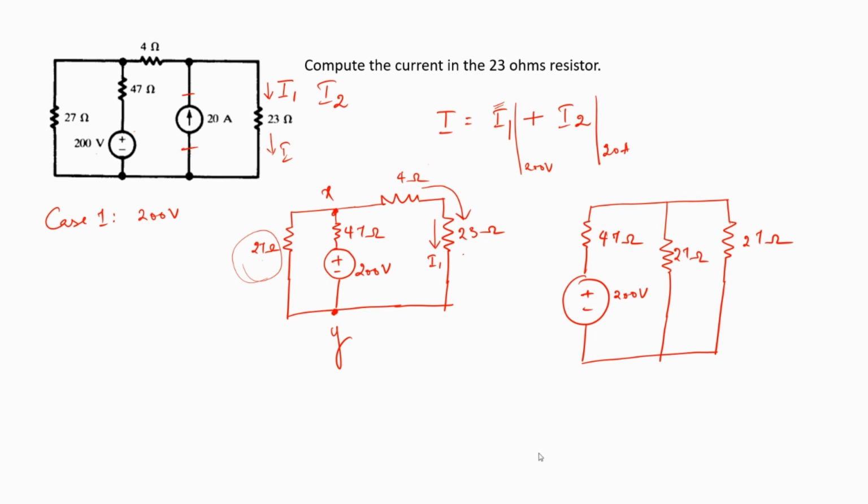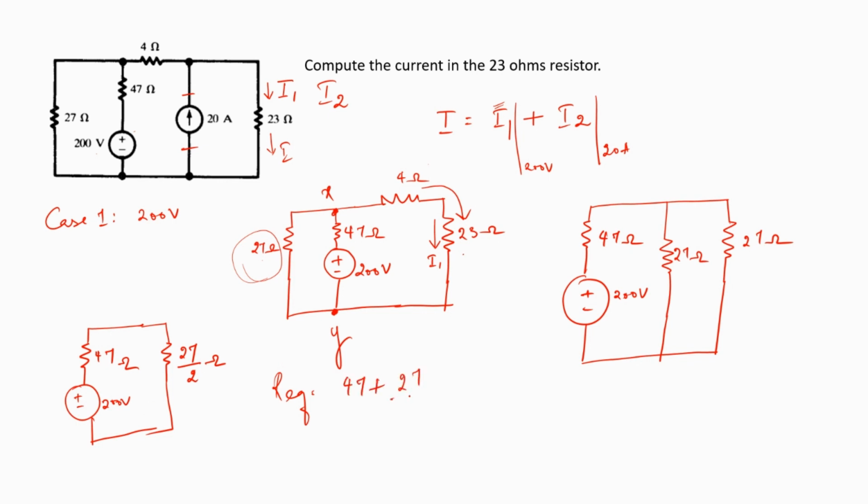So I can redraw this as 47 in series with 27 by 2 ohms, and I have the 200 volts source connected here. The total equivalent resistance of this circuit becomes 47 plus 27 by 2 ohms.